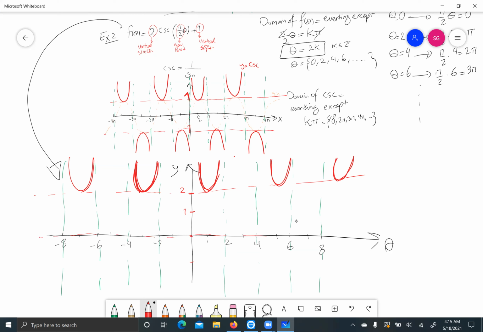So the other one also needs to be drawn from here. This is gonna be a rough sketch of this graph. So this is f of theta, y equals f of theta. A rough sketch of this graph.